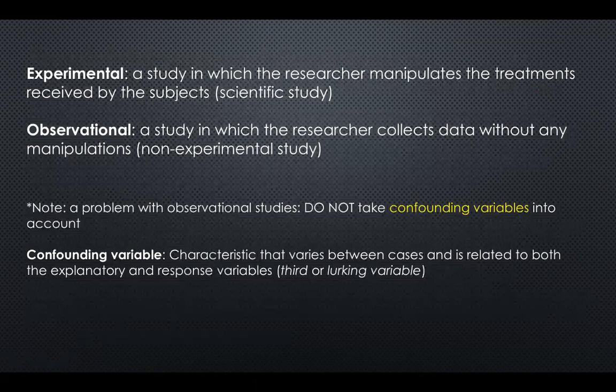For instance, in an observational study, some researchers might ask subjects about their experience on a medication, and they did not manipulate them, so they're just asking for their experience, but they may not take that subject's prior medical history into account when researching them, so that could be a confounding variable there.